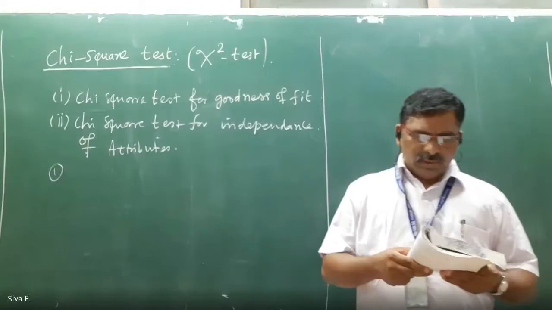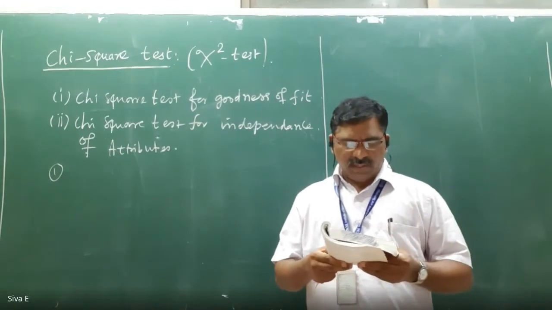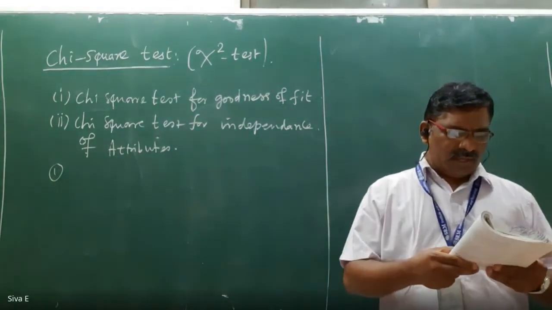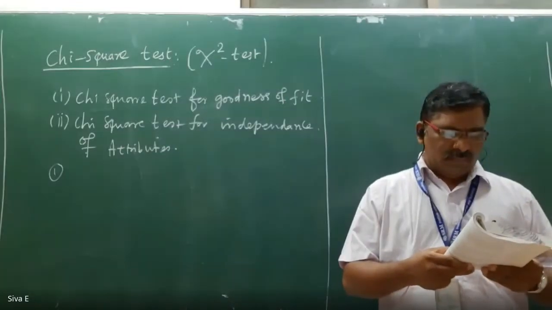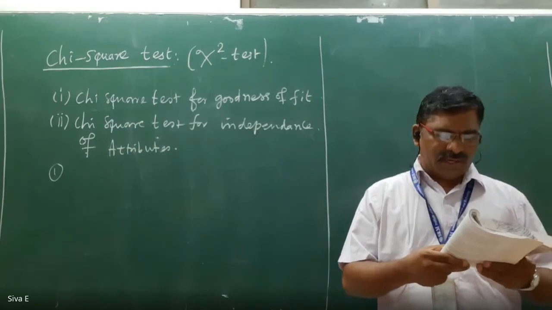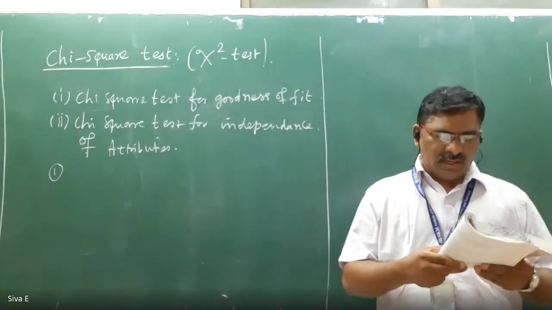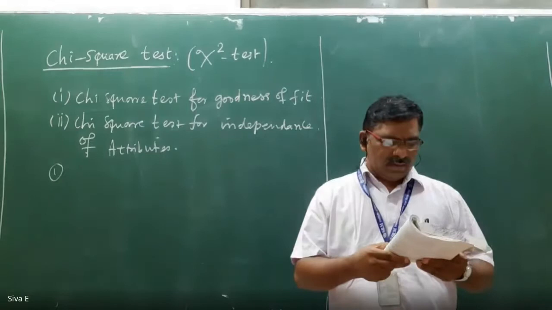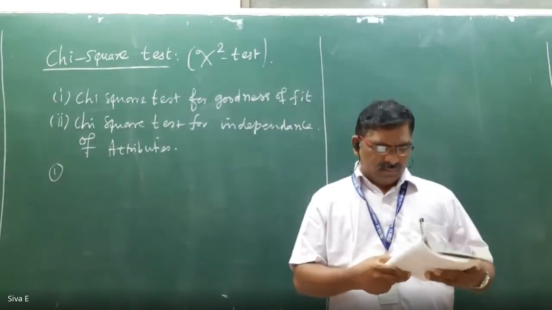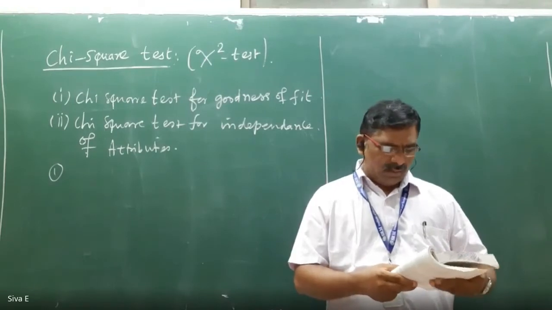Let me repeat the point again. Chi-square distribution is used to judge whether a given sample may be reasonably regarded as a simple sample from a certain hypothetical population.